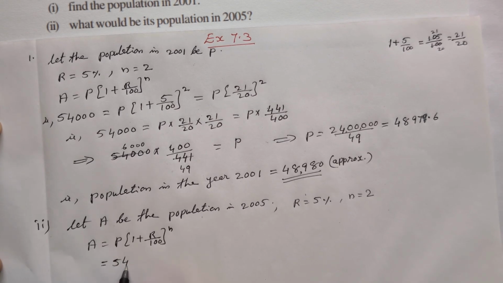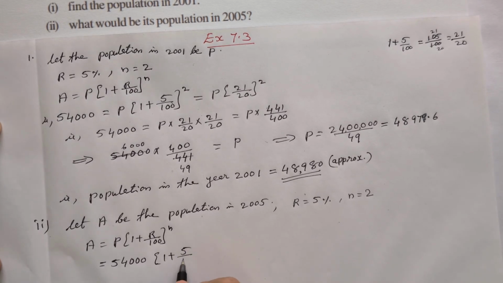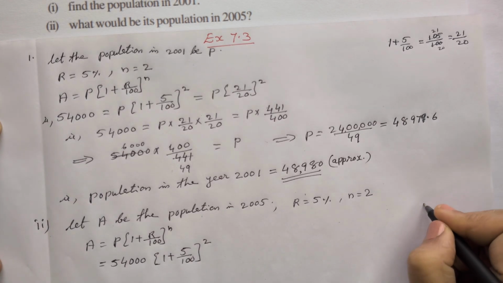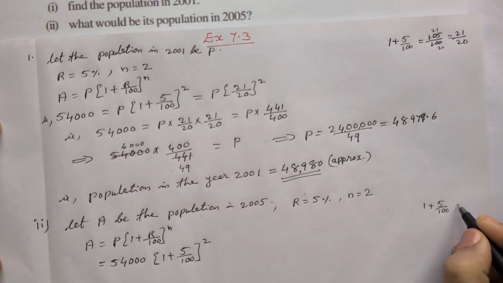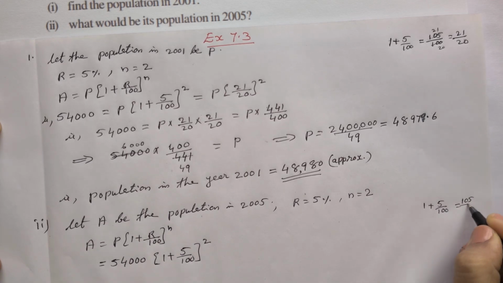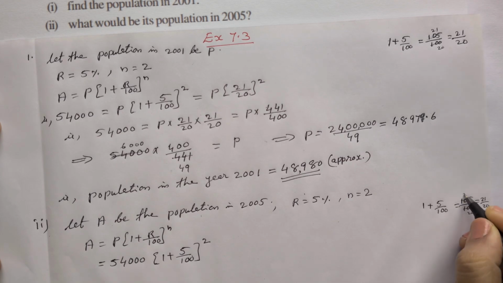So 54,000 into 1 plus R is 5 by 100 and n is 2. Here 1 plus 5 by 100, 100 as the LCM. So 100 plus 5, 105 by 100. It will come, that is 21 by 20, when we are dividing by 5.